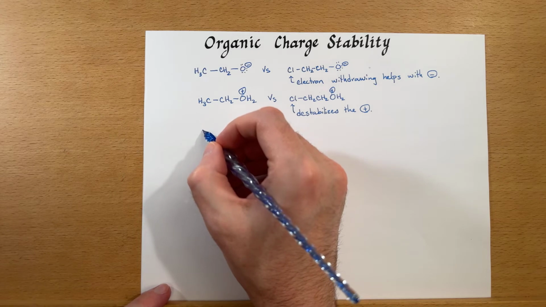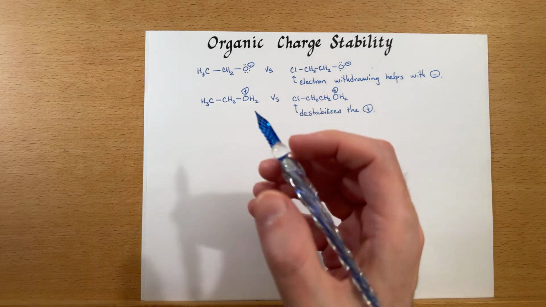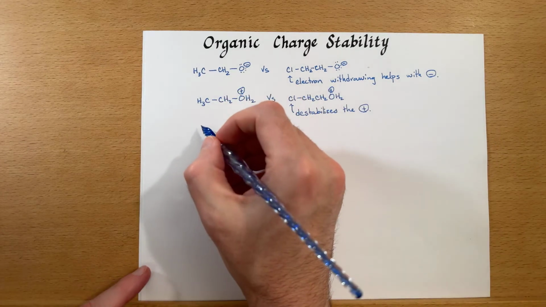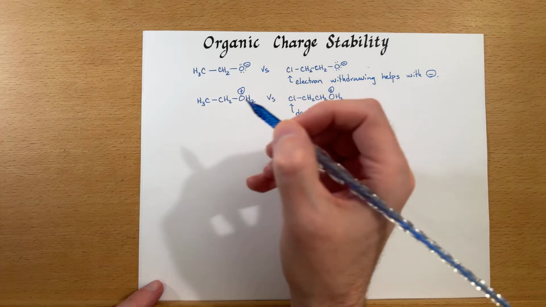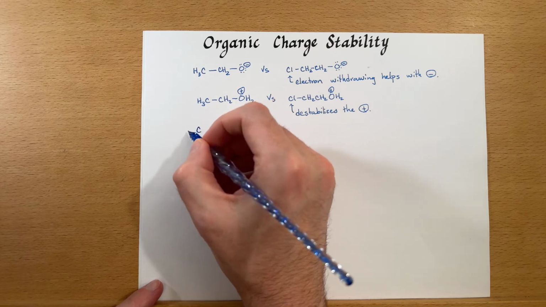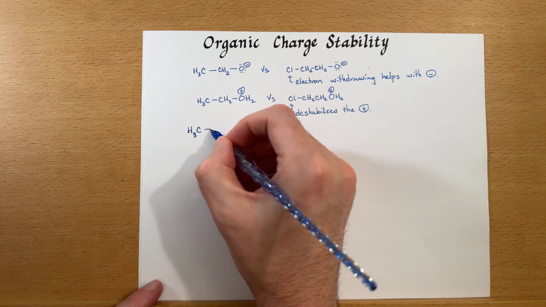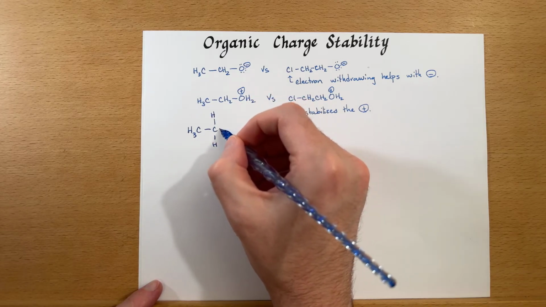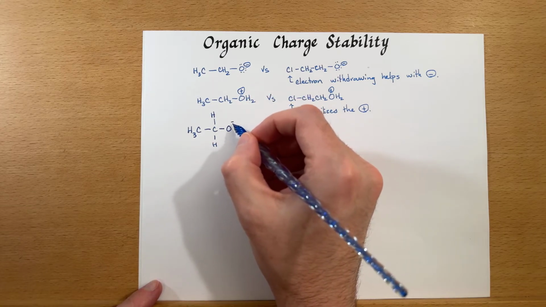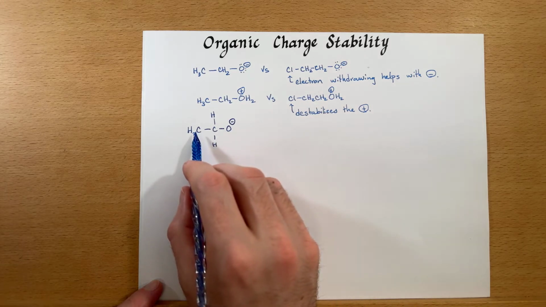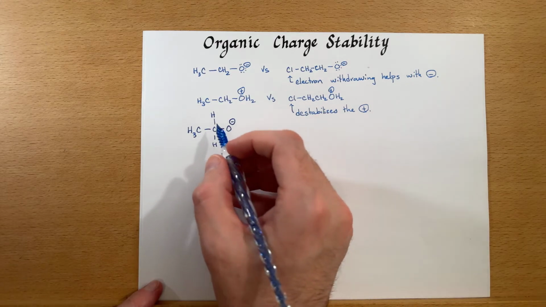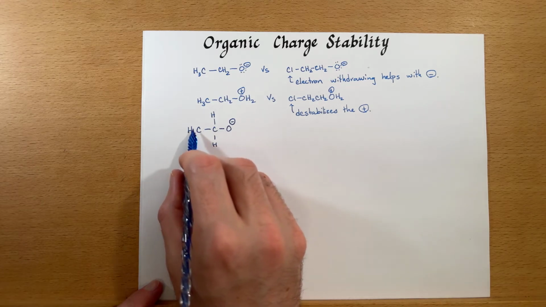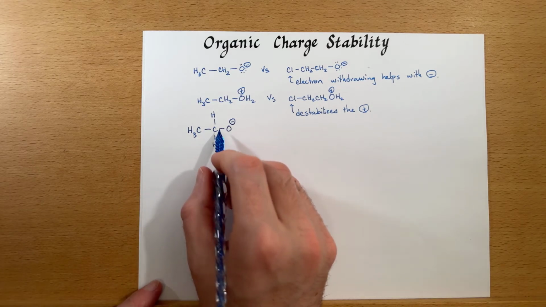Let's look at some electron donating groups. And one of the ones that we'll see a lot of is just like a CH3. So this has a little bit of electron donating capacity. So we're sending electron density into this carbon.